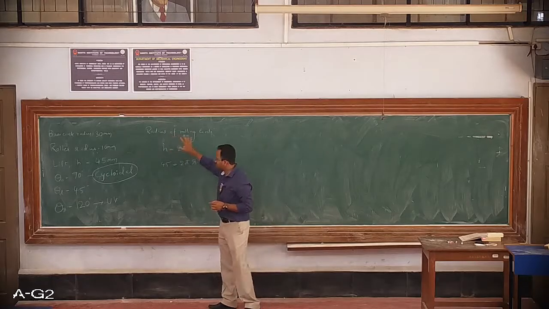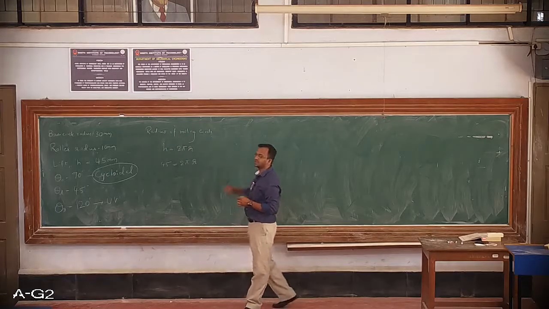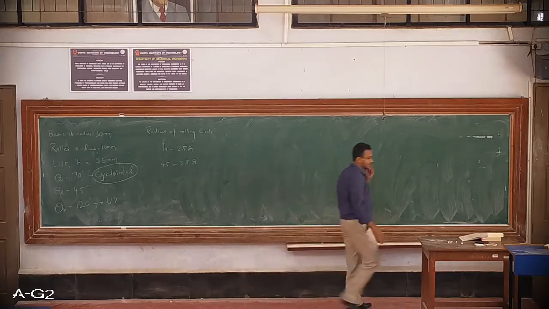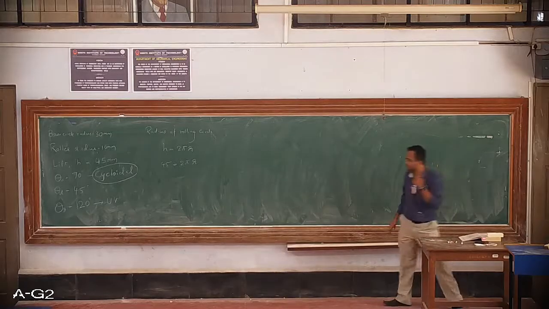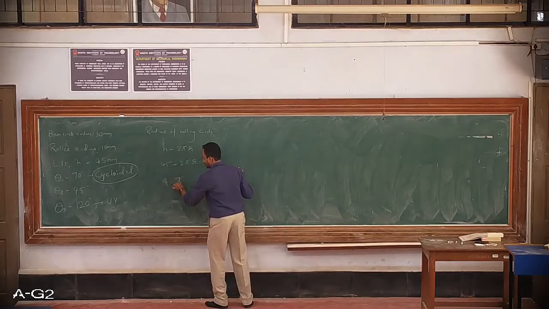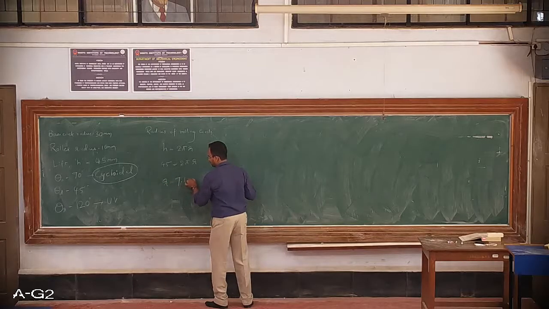I'll tell you where we are going to use this radius in drawing the displacement diagram. If we solve this, we get r equal to 7.1 mm.